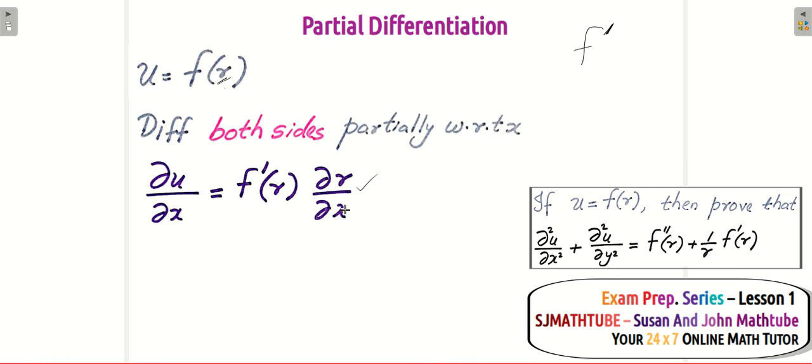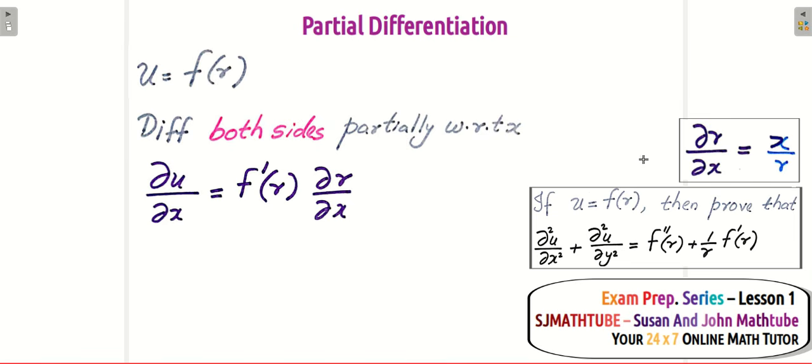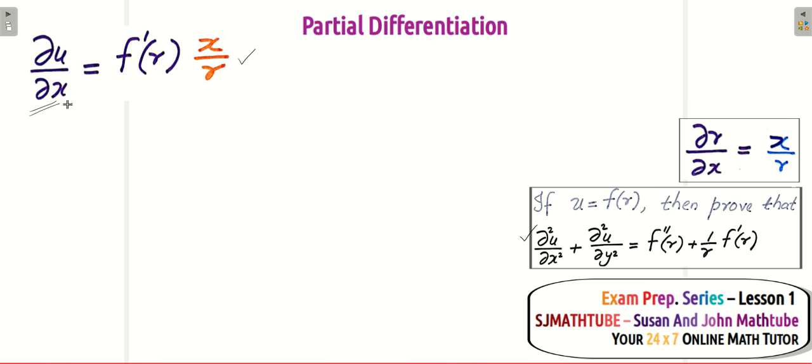Yeah, partial of r with respect to x. But we proved earlier what is the partial derivative of r with respect to x, x by r. It will be really nice if you prove this for your exam, and substituting we get this. We are ready with the first order partial derivative with respect to x.